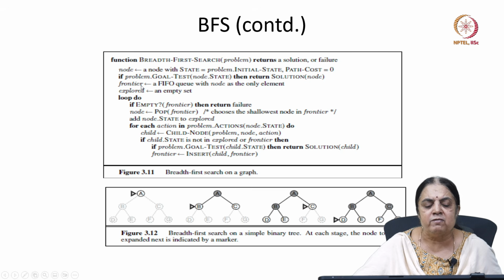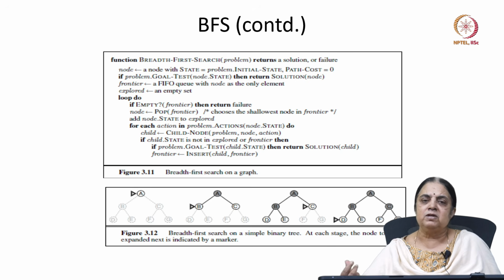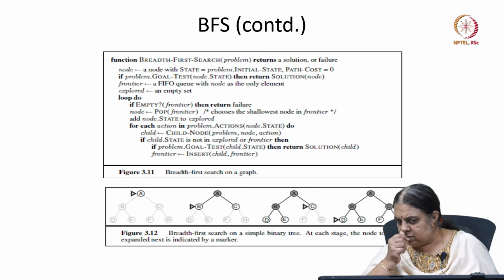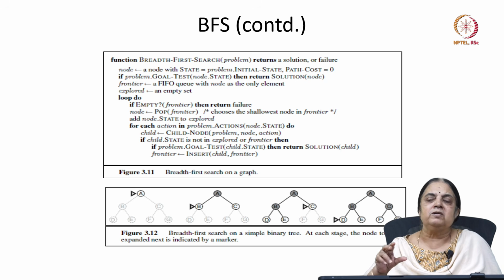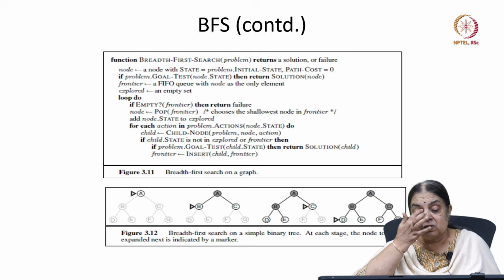What you have here in the frontier is a first in first out queue, which means whatever goes into the queue first is the one which will be taken out when you pop. We have learnt in data structures about queues and stacks, and this is like a queue.